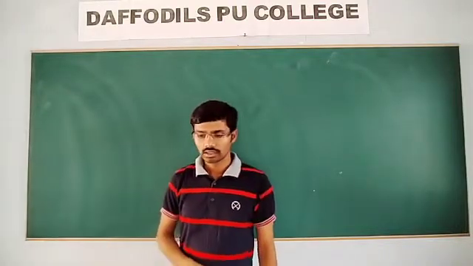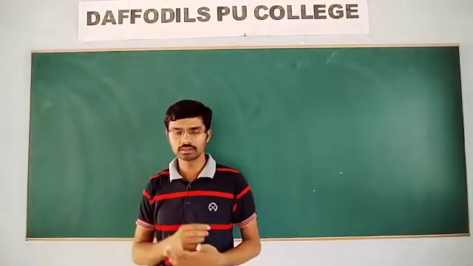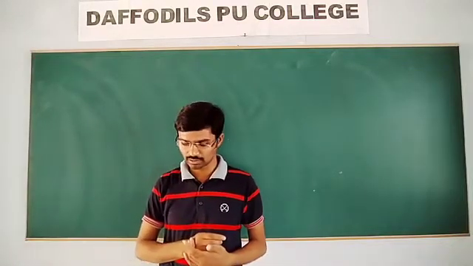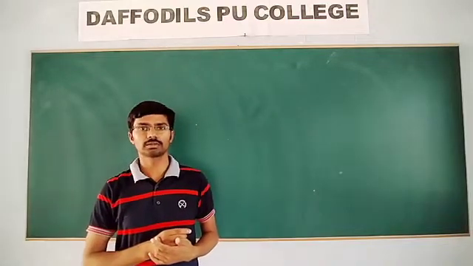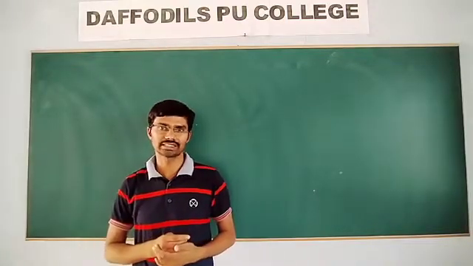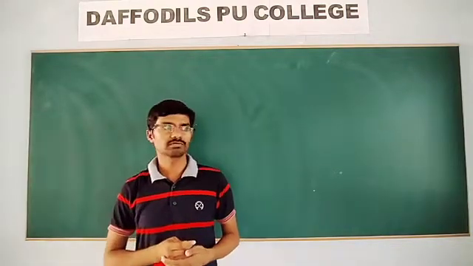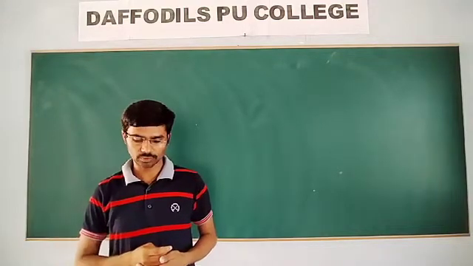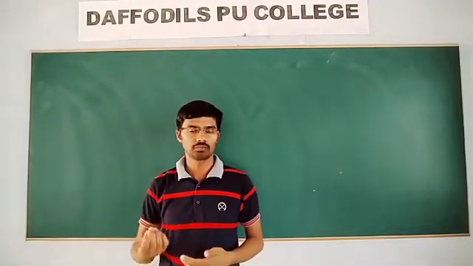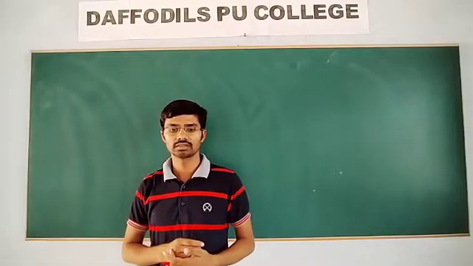Now let us continue the topic of ray optics and optical instruments from where we have stopped. In the last session we discussed the refraction of light through the lenses, that is, the lens maker's formula and the relation of focal length with the refractive index.